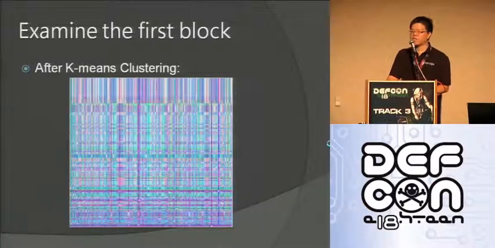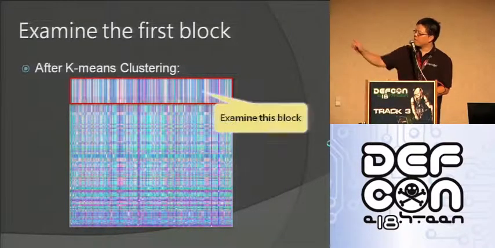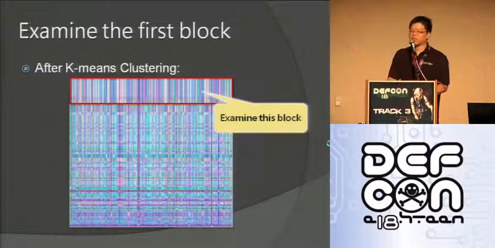How we do the clustering is through k-means clustering, but we will not get into too much detail on why we chose this one. You see the similarity matrix, and you see a lot of colors.